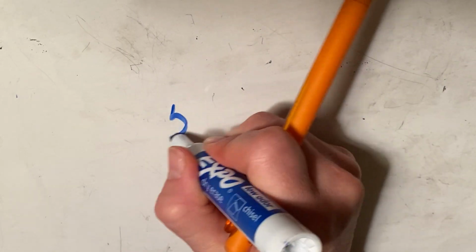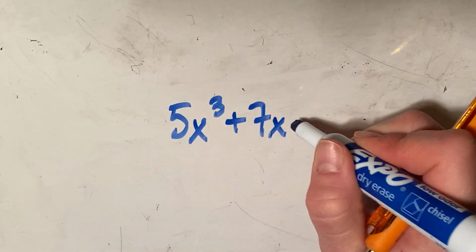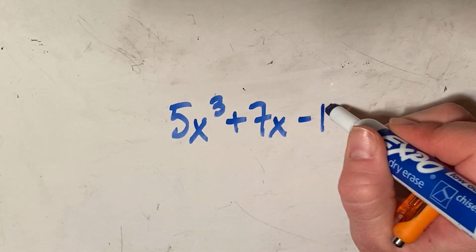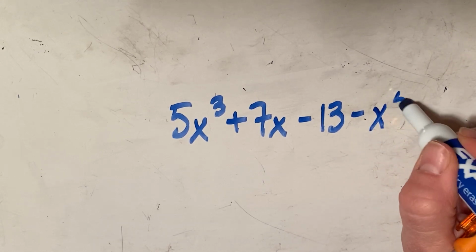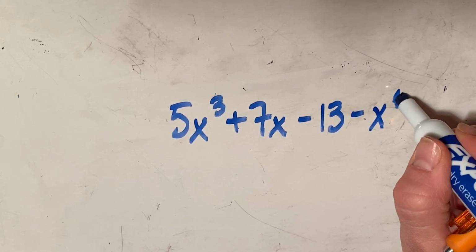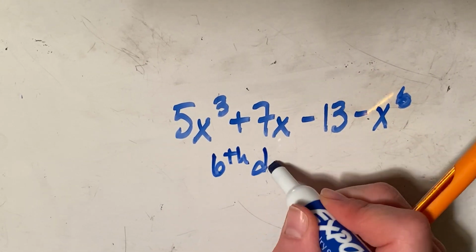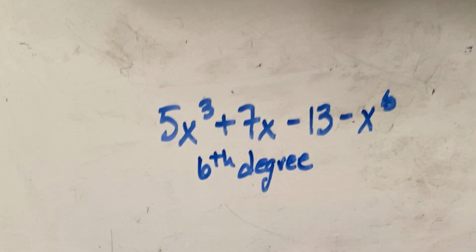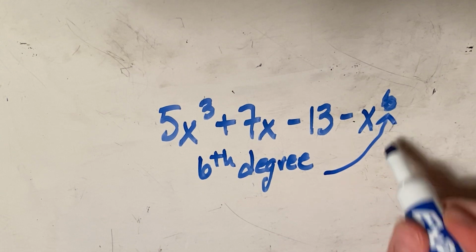If we had 5x to the 3rd plus 7x minus 13 minus x to the 5th, or let's make it to the 6th. Okay, this would be a 6th degree, all right, 6th degree, because it's the largest. It's the largest, okay?